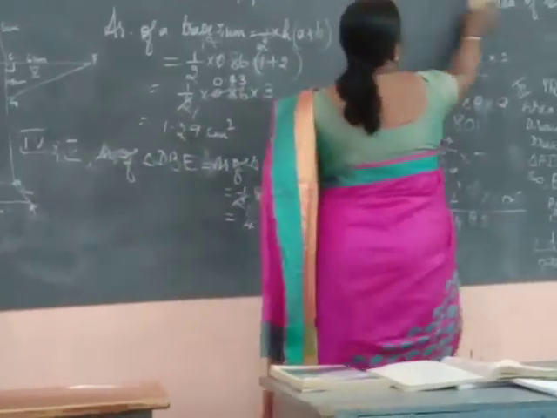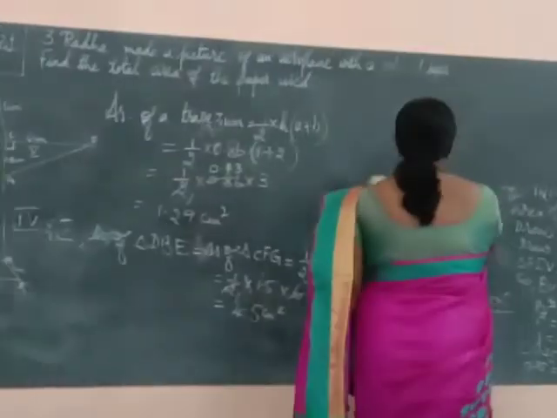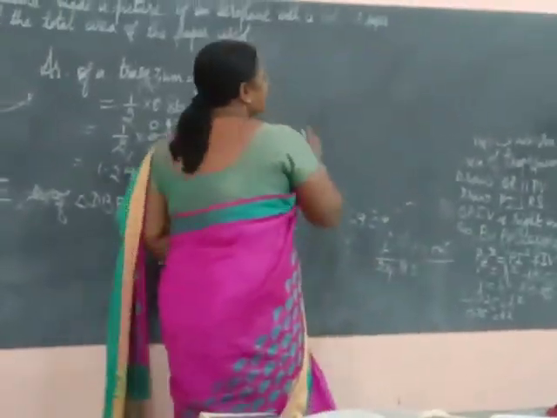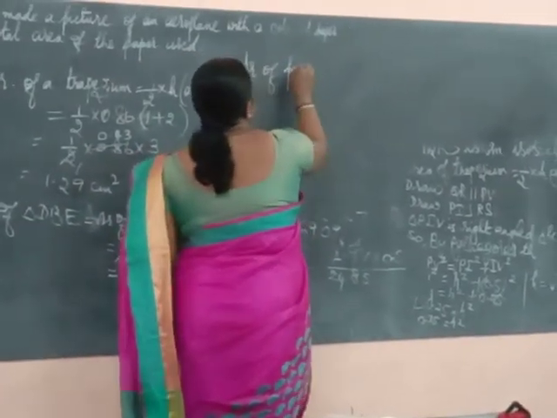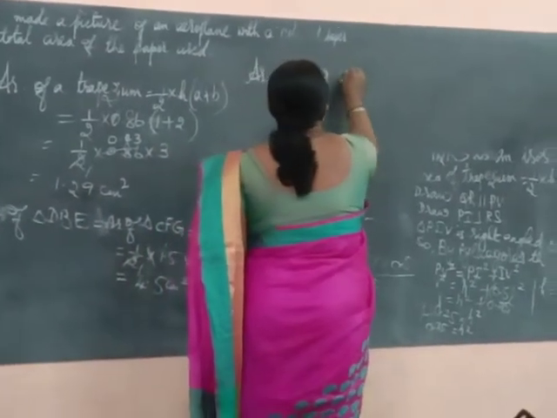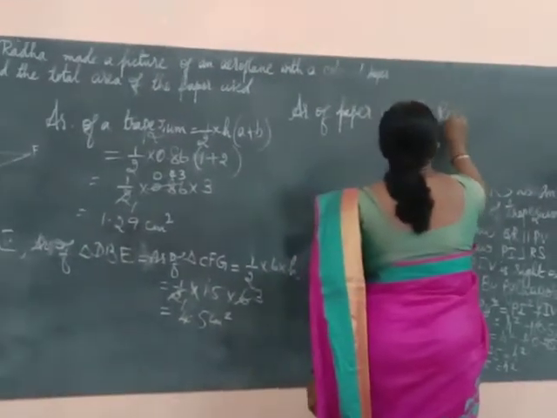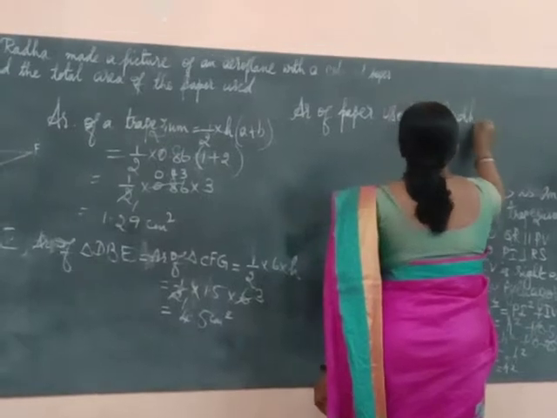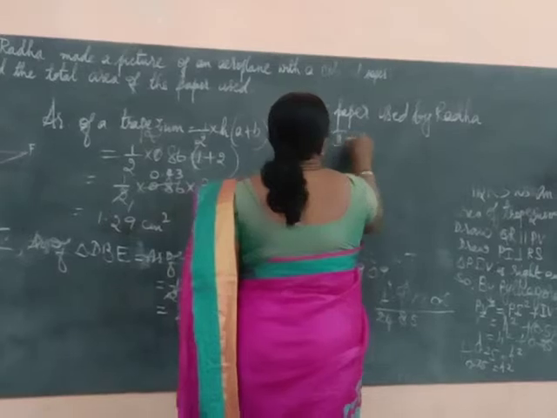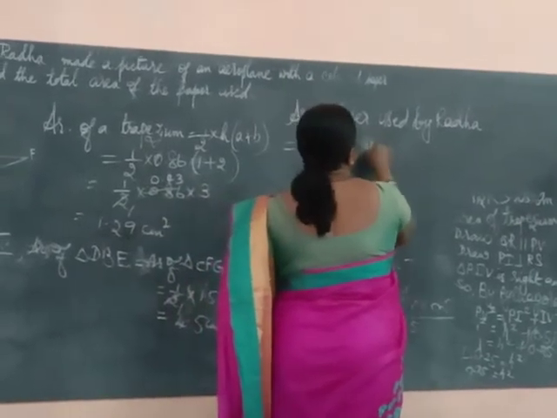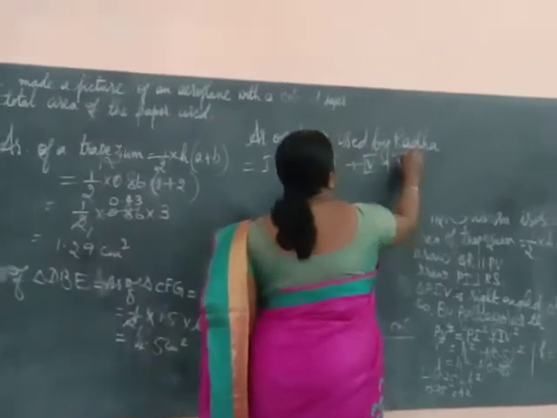Now let us find out the area of the paper used by Radha. The area of the paper used by Radha is equal to first plus second plus third plus fourth plus fifth.